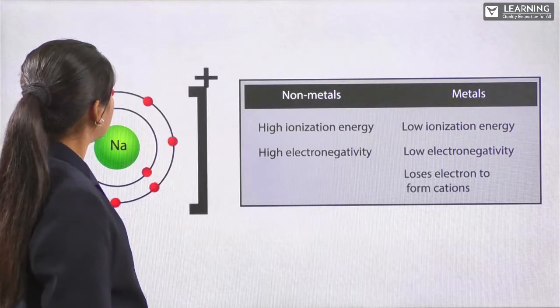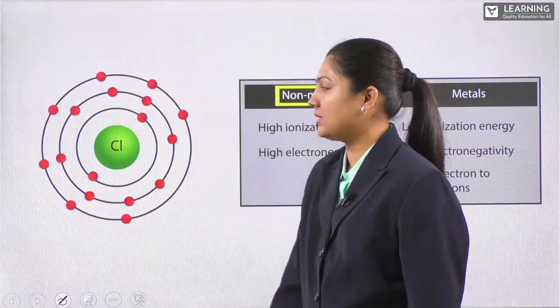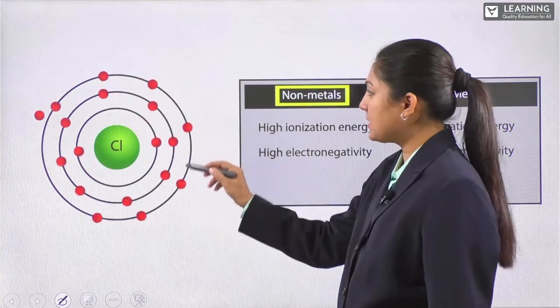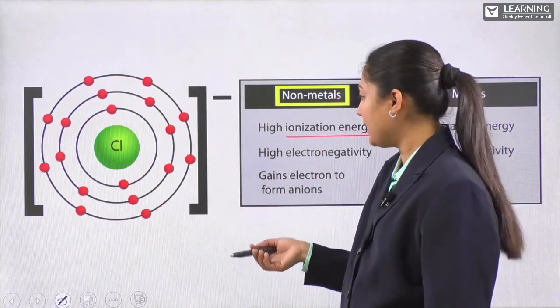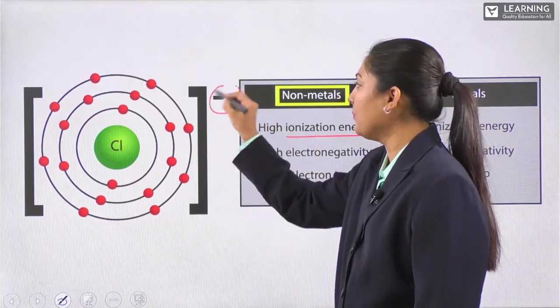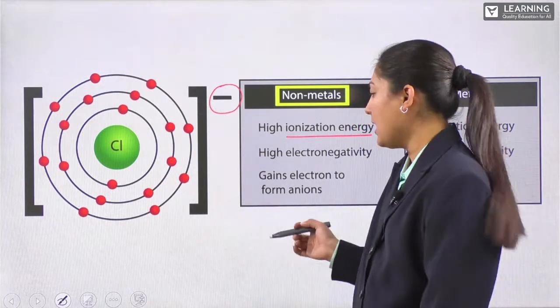So what happens? You can easily lose the electrons and they become positively charged particles, whereas non-metals will gain the electron due to the high electronegativity, and they become negatively charged particles. We call negatively charged particles as anions.